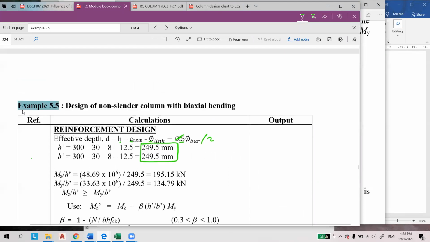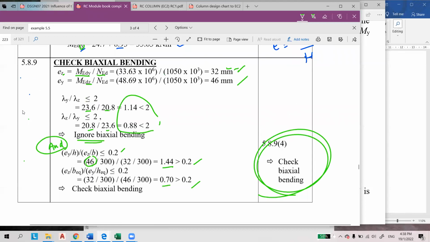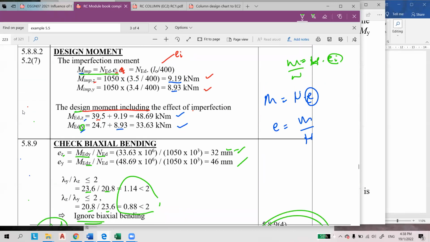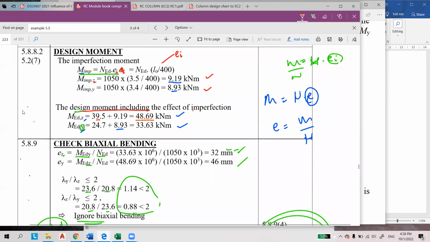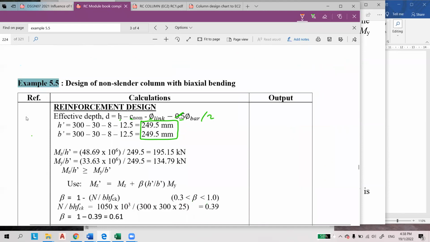Mz is this, our Mz, 48.69, MEdz. So use 48.69 divided by the value of our h prime, which is 249.5 here. So this is the value of Mz over h prime.